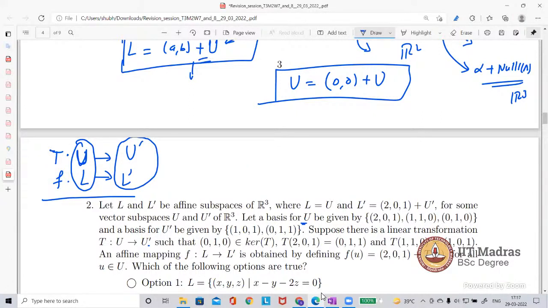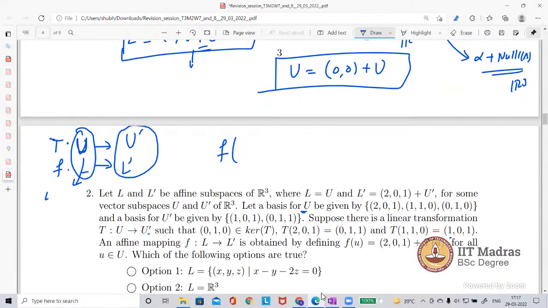So I want to find an affine mapping. Take a vector, as here L is v plus U and L prime is v prime plus U prime.